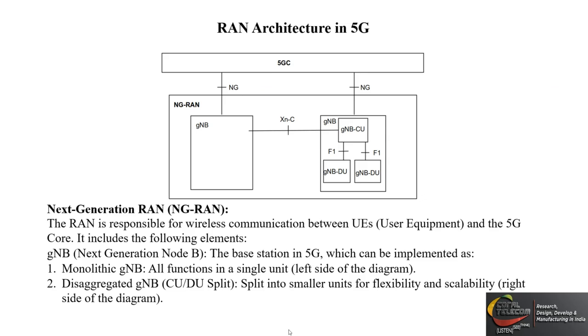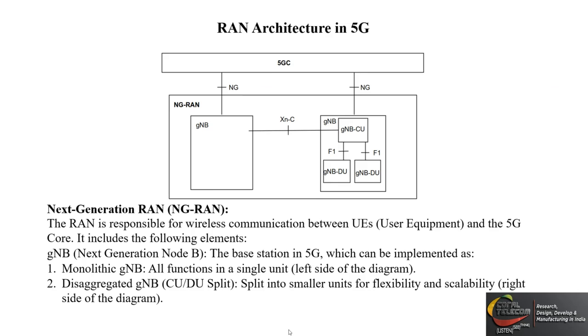Next generation RAN, we call it NG RAN. The RAN is responsible for wireless communication between the user equipment and the 5G core network. It includes the following elements. Basically, RAN is an intermediate between the core network and the user equipment, meaning it's a connectivity medium only.